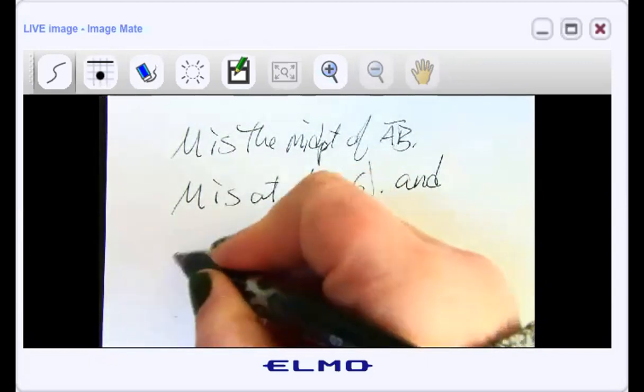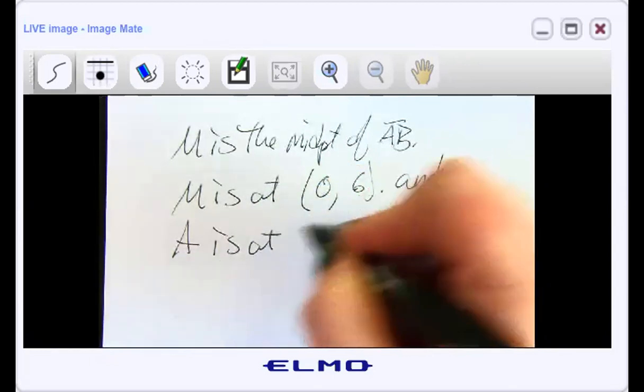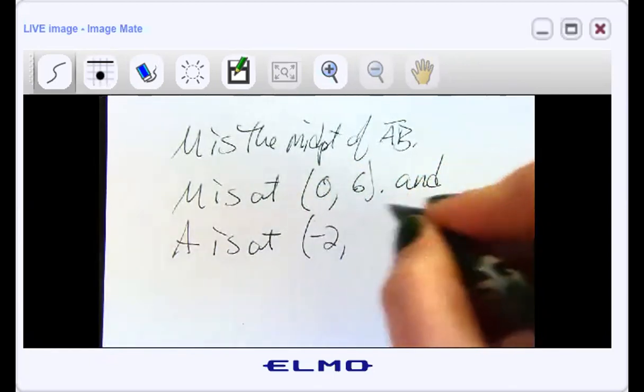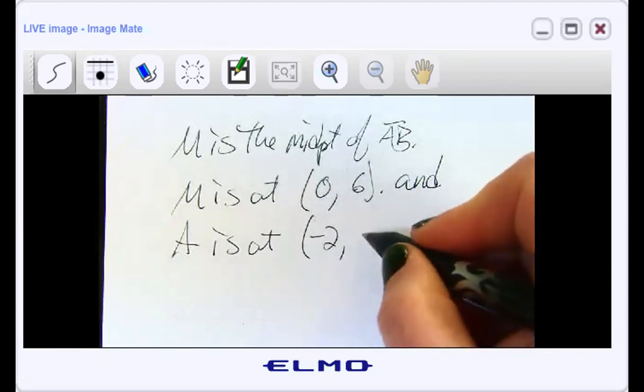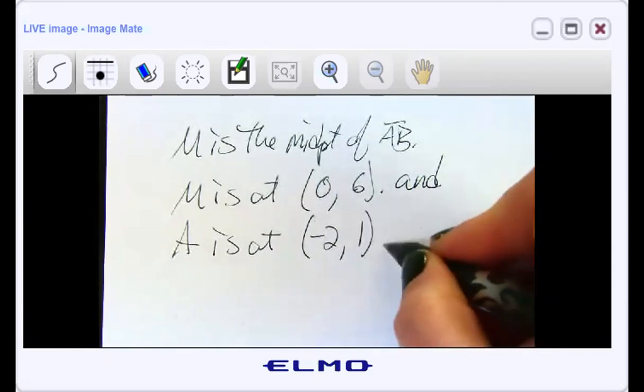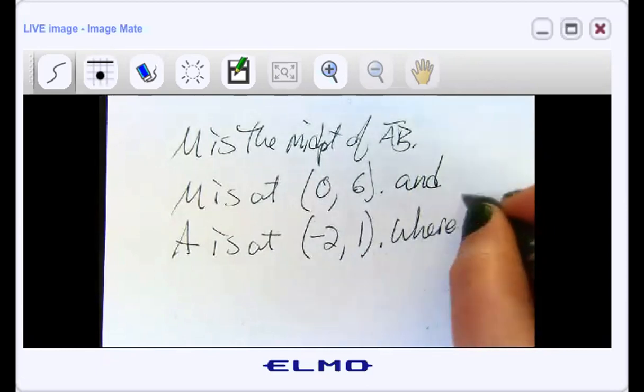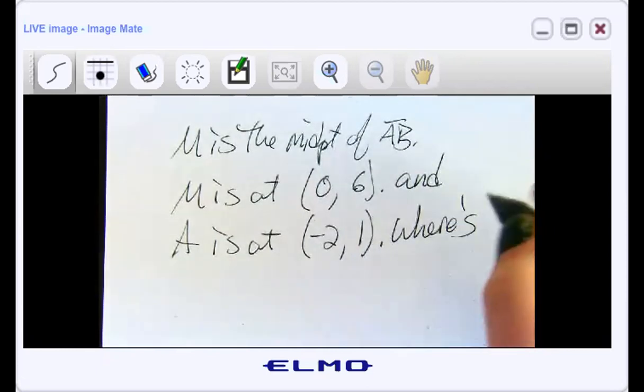And A is at -2, 1. Where's B? Okay, my camera has frozen, but you can still see the numbers. M is at 0, 6, A is at -2, 1. We're trying to figure out where B is. Send me your answers when you think you've got them.